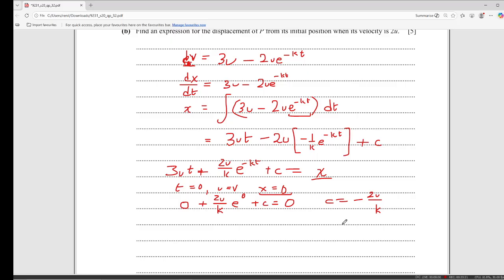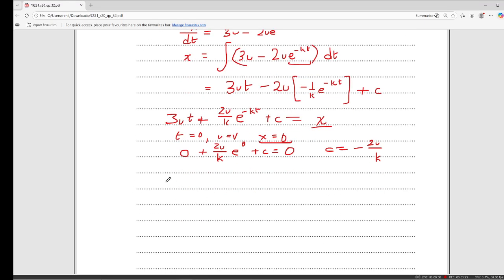Wait, let me see. Yeah, c equals negative 2u by k. So now we have another equation, 3ut plus 2u by k times e to the power of negative kt, and since we have negative over there, I think we can write this as minus 1. It works the same way, and that equals x.